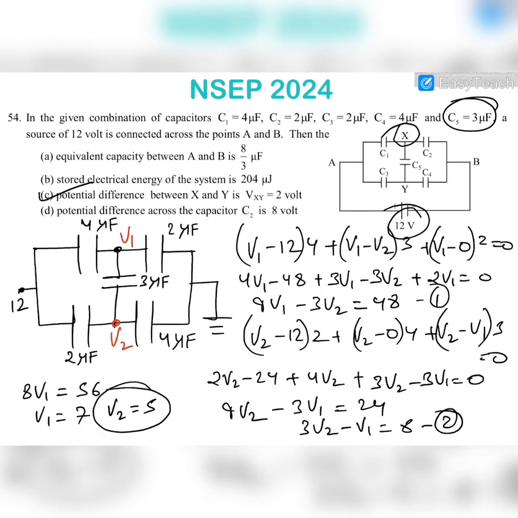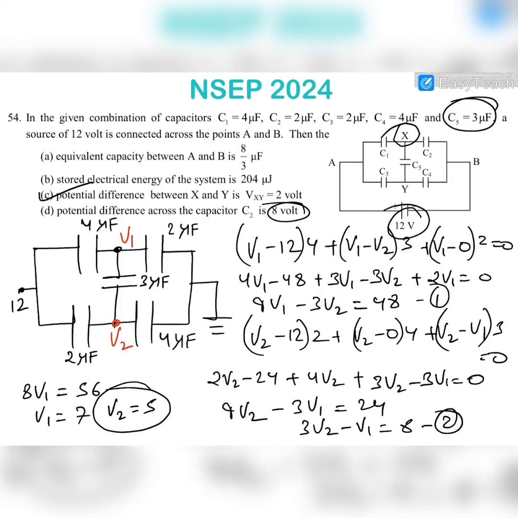And the potential difference across capacitor C2 is stated as 8 volts. Let us verify that. That is also not the case. So the correct answer is only C.